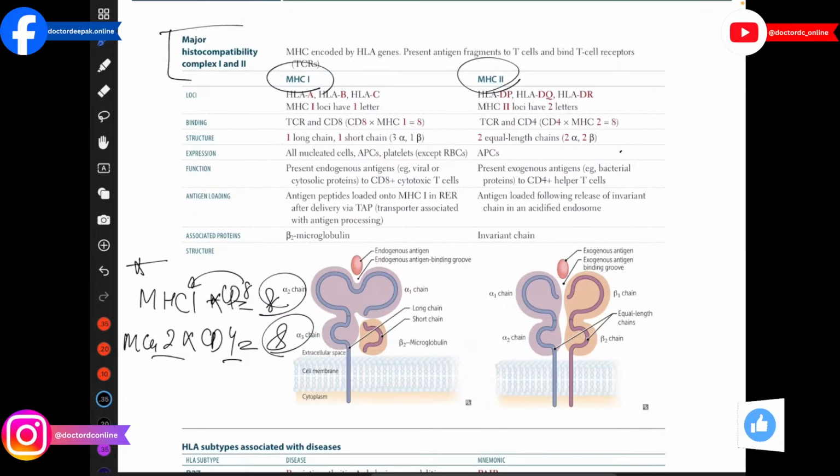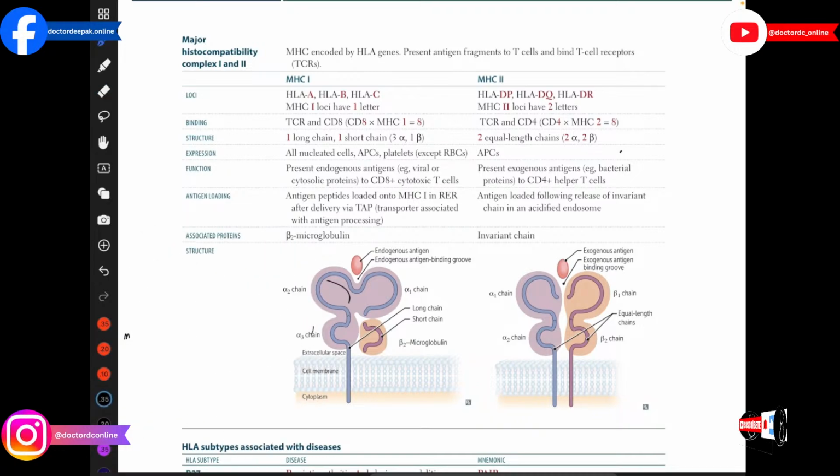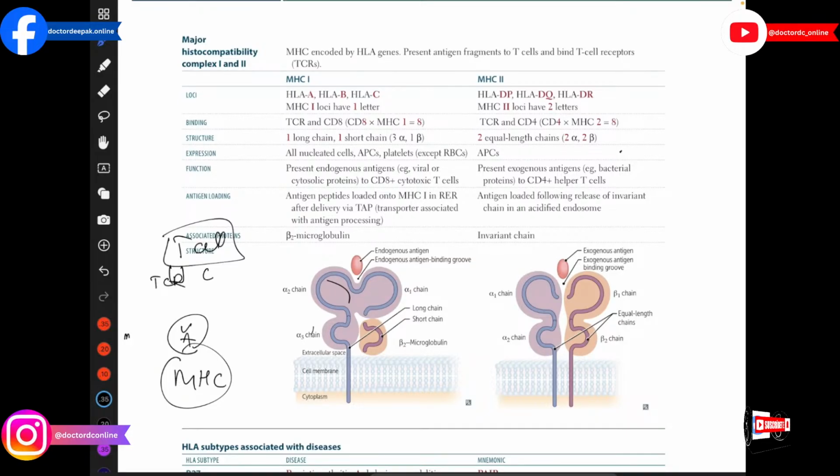If we talk about MHC class 1, it is the cytotoxic T cell that recognizes a specific viral antigen. For example, this is a viral antigen that is going to be presented to the T cell, and there are T cell receptors and CD8, and we have one extra receptor, CD28.